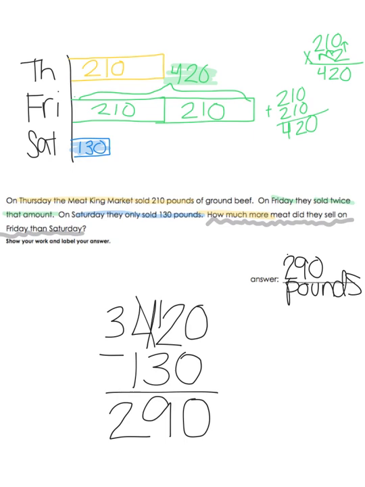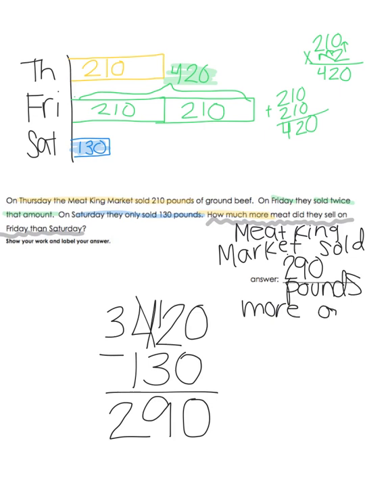But I don't want to just leave it as that type of answer. I don't want to just put a number because we were talking about answer sentences. So, Meat King Market sold 290 pounds more on Friday than Saturday.